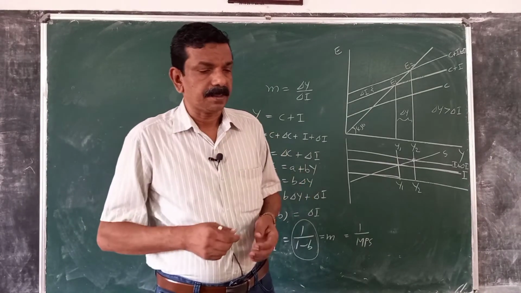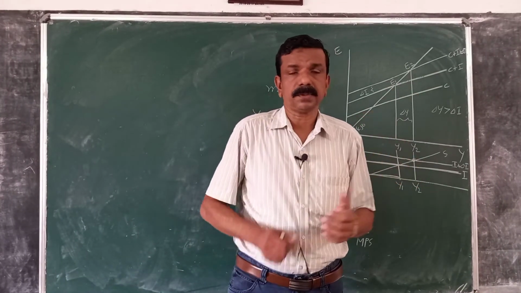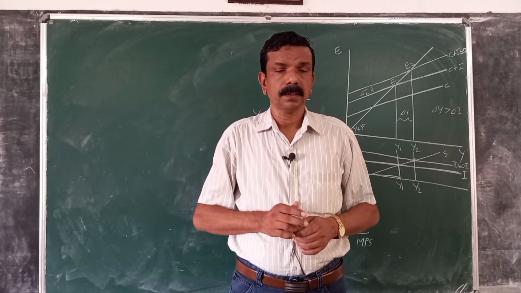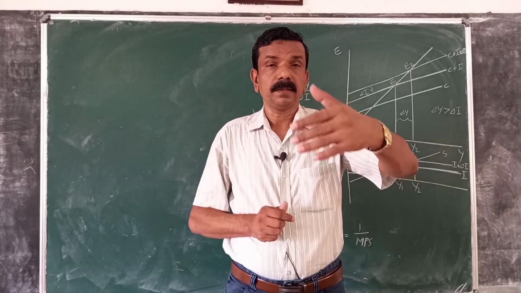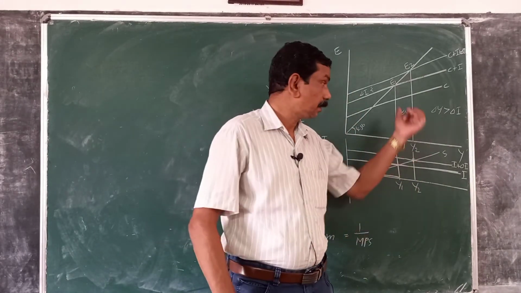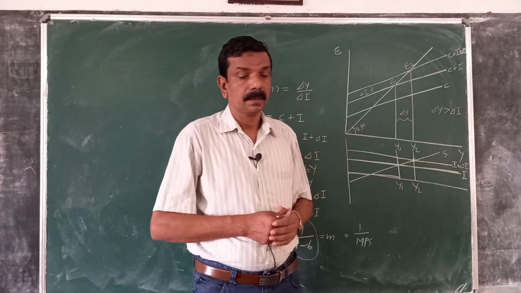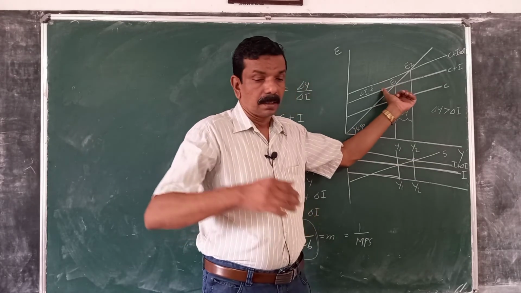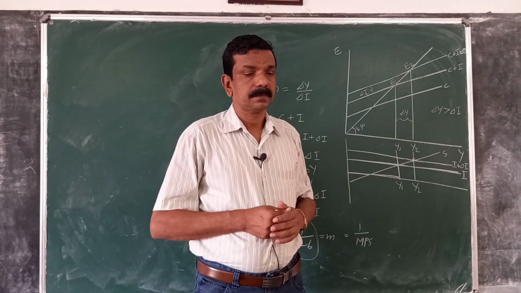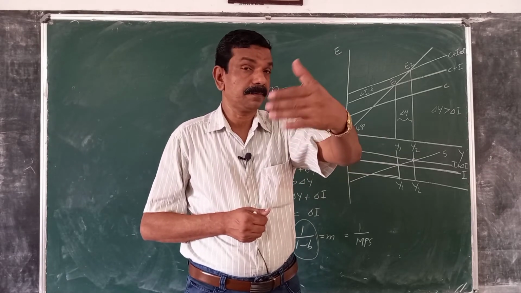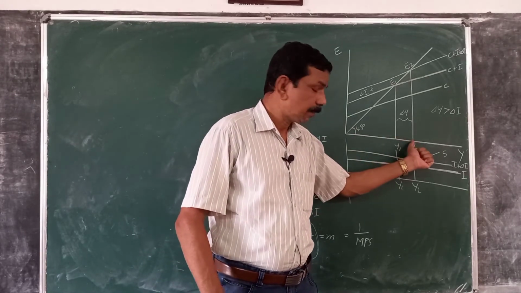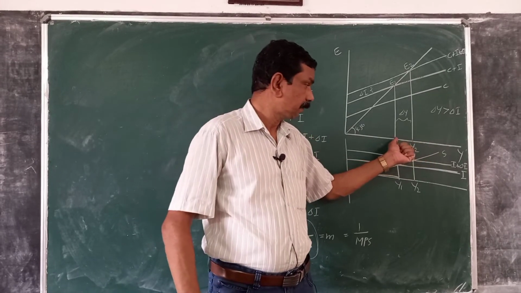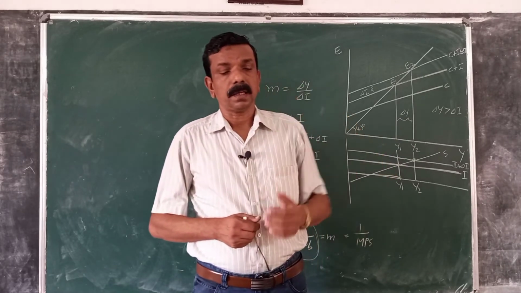Now, in the form of a definition, in the figure and also in terms of the equation, a shift in the aggregate spending function results in a movement of income and output to a new equilibrium level by some multiple of the shift in the aggregate spending function.